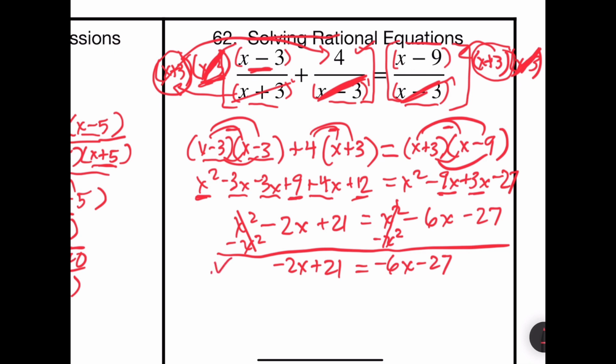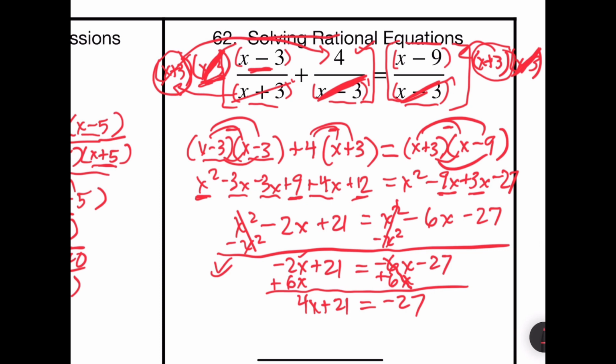And now at this point, we're back to a structure that we should be familiar with from previous problems. I'm going to add 6x to both sides to keep my variable positive. Negative 2x plus 6x is 4x plus 21 equals negative 6x plus 6x is 0 minus 27 is negative 27.